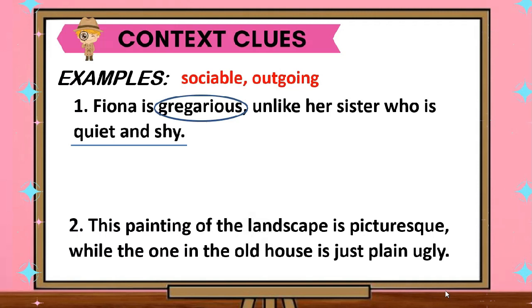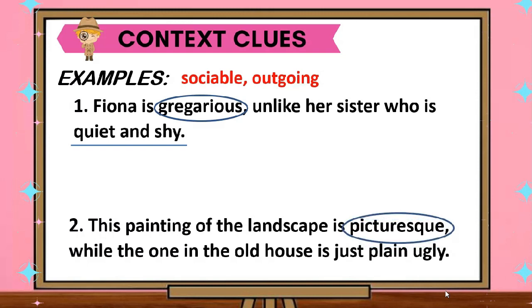Number 2. This painting of the landscape is picturesque, while the one of the old house is just plain ugly. What word in this sentence is unfamiliar to you? Picturesque.